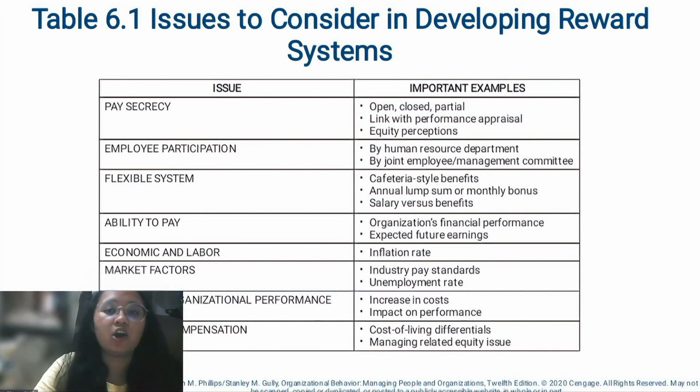Ability to pay: organization financial performance and expected future earnings. Economic and labor factors: inflation rate, market factors, industry pay standard, and unemployment rate. Impact on organizational performance: increase in costs and impact on performance. Expatriate compensation: cost of living differentials and managing related equity issues.